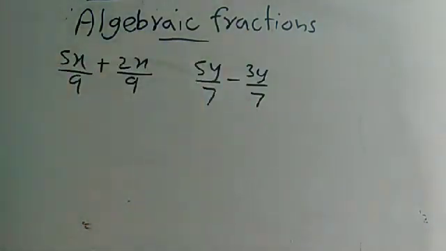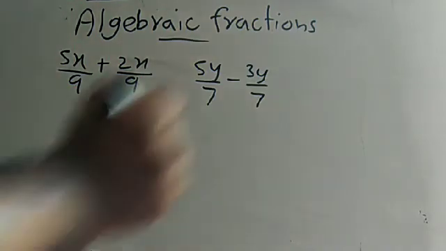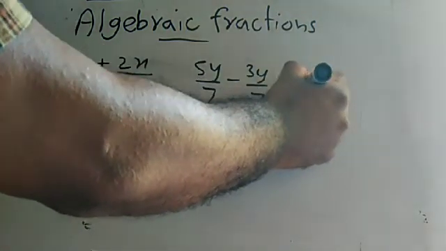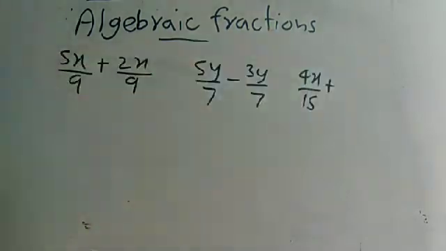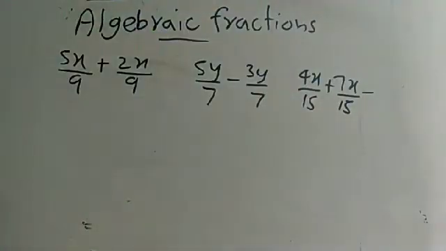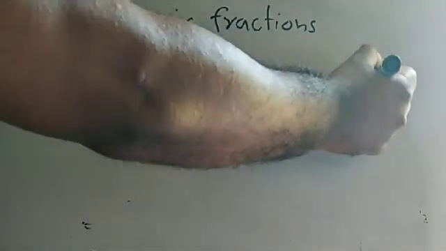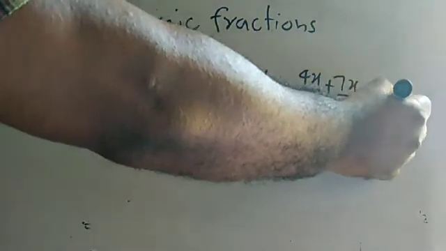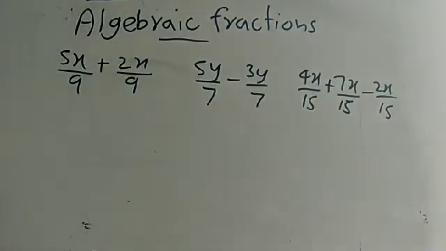Yeah, equal denominators. Another one, 4x upon 15 plus 7x upon 15 minus 2x upon 15. Here, can you see the board?